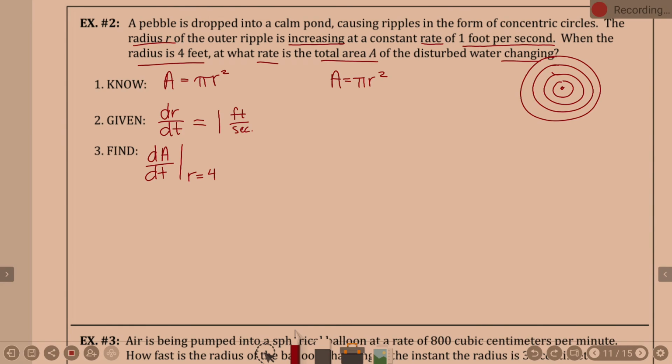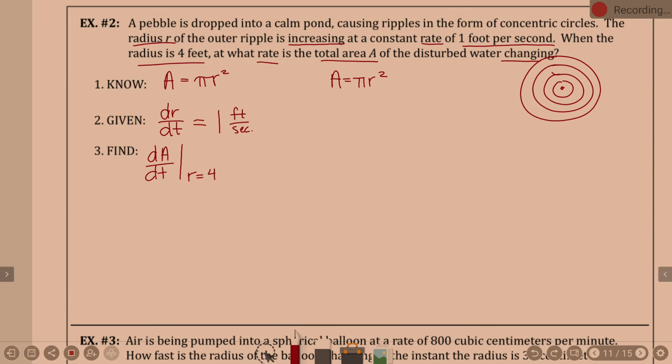Make a sketch, label quantities. There wasn't really a sketch to make here other than the concentric circles. Read the problem, identify all quantities. We've done that. Write an equation involving the variables, which we have. So we're really at step 4.